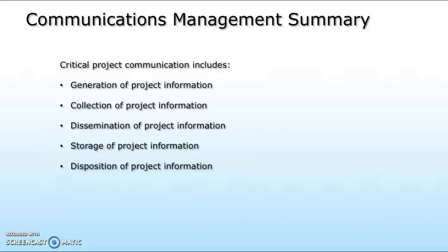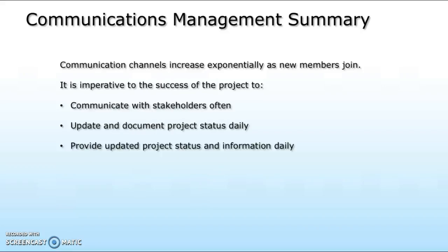So in summary, critical project communications includes the processes required to ensure timely and appropriate administration of project information. It provides the critical links among people, ideas, and information that are necessary for project success. We also need to remember the number of communication channels increases exponentially as the number of stakeholders increases.